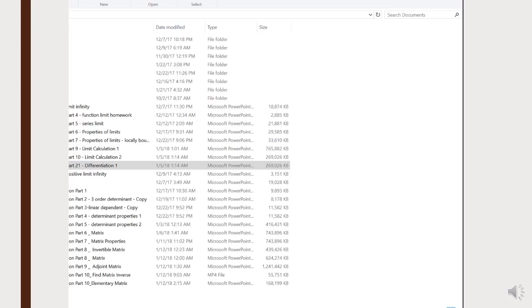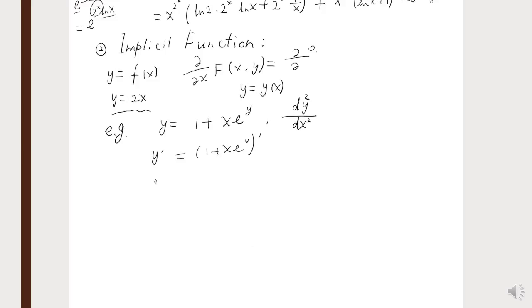Okay, and then we have to do the derivative operation for each item in the parentheses. So of course, 1's derivative will be 0, so we don't have to consider it.